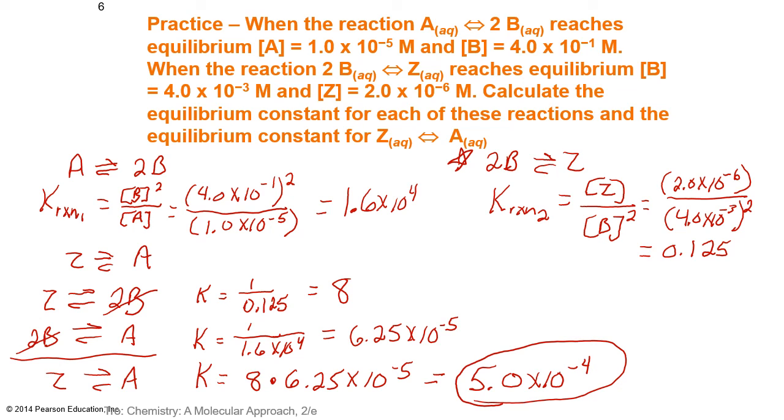So for Z to A, we would have 5 times 10 to the negative 4th. Now, if we think about this, this is smaller than 1, which means that the reactants are going to be favored.